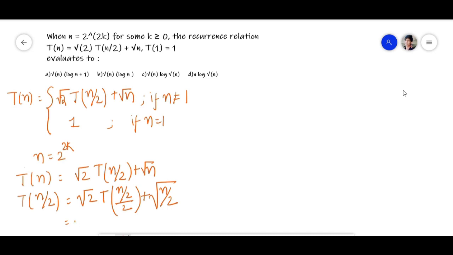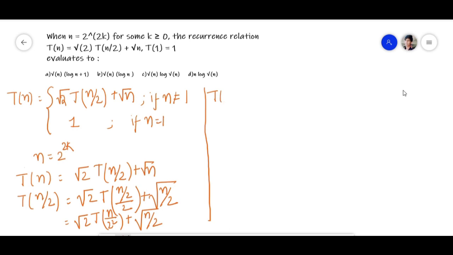This is equal to root 2 times T of n by 2 square plus root of n by 2. Now substitute the T of n by 2 value in the original recurrence equation.